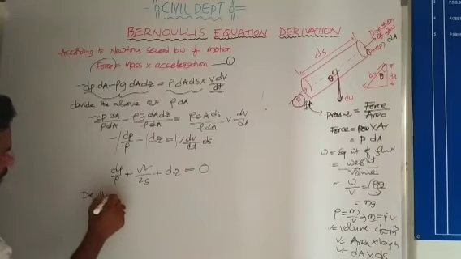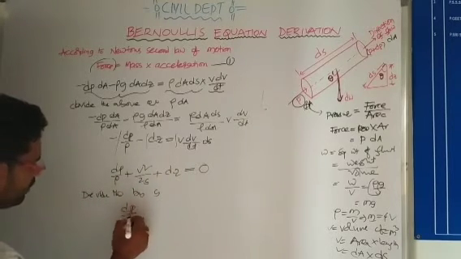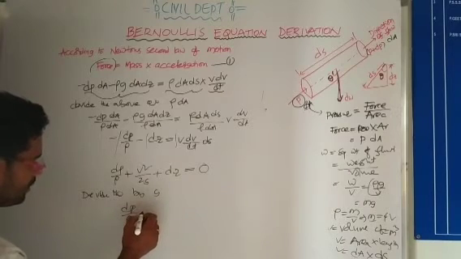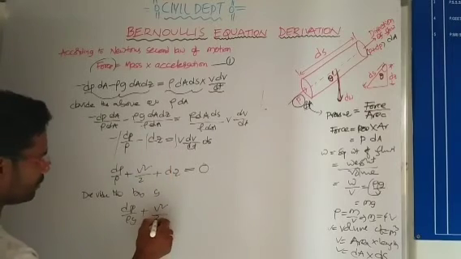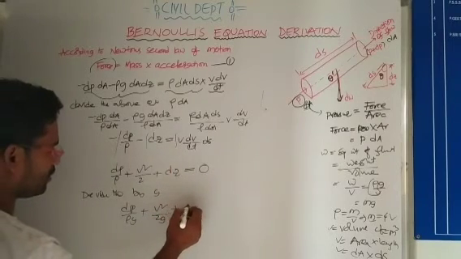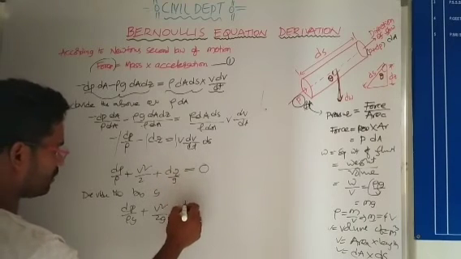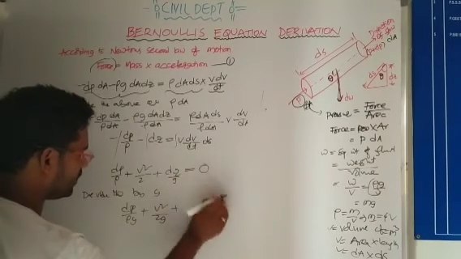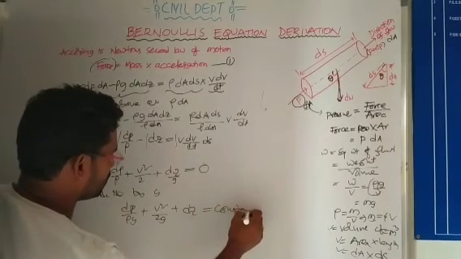Divide the equation by g. Then you can get dp by rho g plus v square by 2g plus z equal to constant.